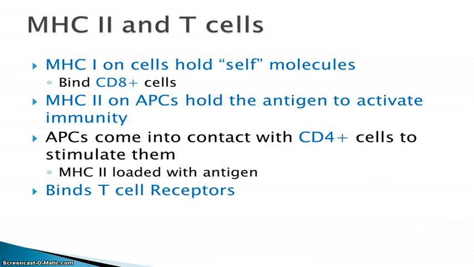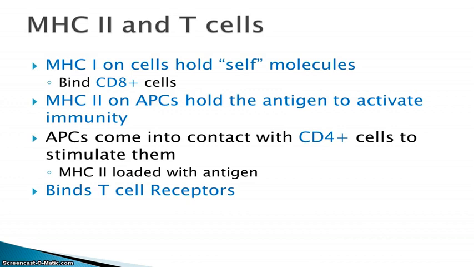And MHC class 1 receptors, which are protein receptors, are on the surface of all nucleated cells displaying selfness, happy, healthy self to the immune system. The moment they stop displaying selfness, the immune system will destroy that cell, thinking that cell has been invaded by some kind of virus or something.